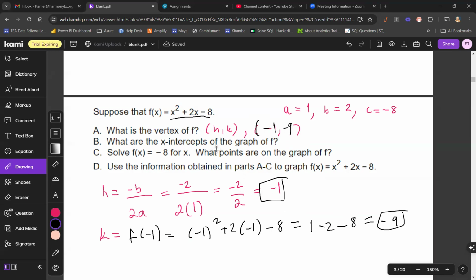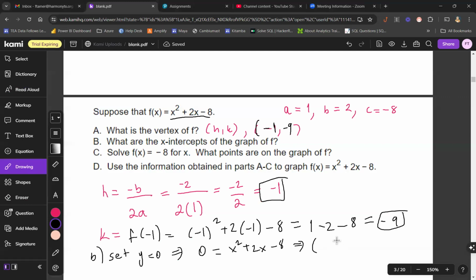Now to find the x-intercept, anytime you need to find the x-intercept, you always set your y to be a 0. And y is always f of x. So we're going to set 0 equal to x squared plus 2x minus 8. So this is a quadratic equation that we need to solve by using factoring.